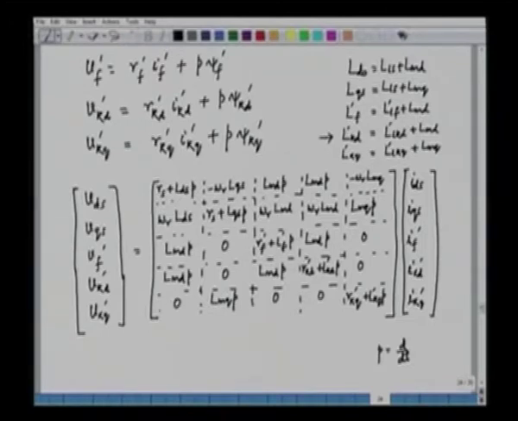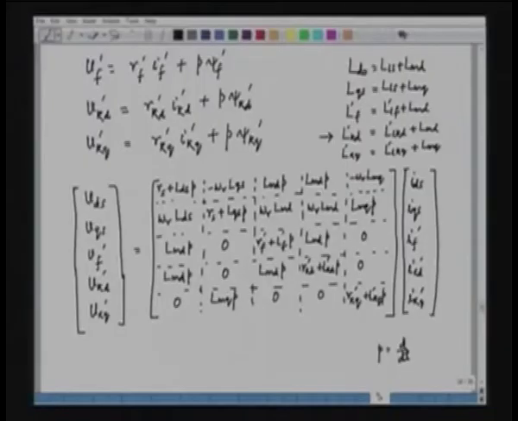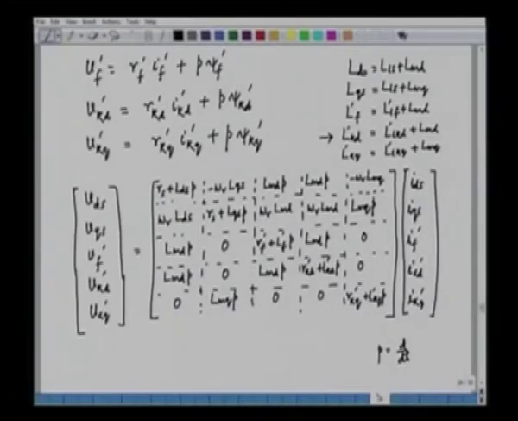So, this is a 5 by 5 matrix, and these 5 equations will describe the electrical behavior of a synchronous machine. So, if we can simulate these 5 simultaneous differential equations, we can solve for IDS, IQS, IF, IKD, and IKQ. So, we can solve the expression for the currents of the synchronous machine, and with this we can find out the expression for the torque also, because in this case, we have to identify a G matrix.